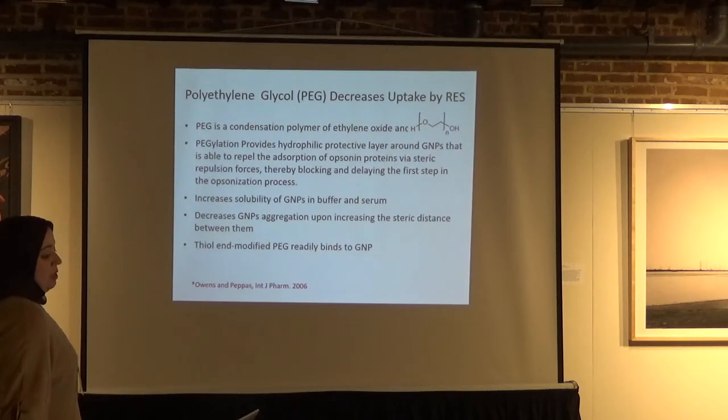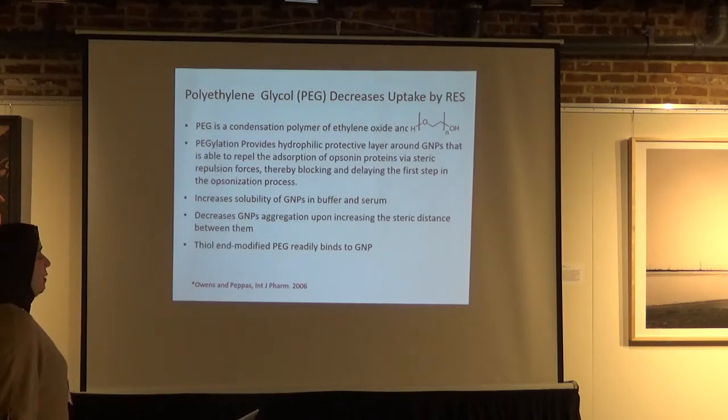So in order to decrease the amount of opsonin protein, we add polyethylene glycol to the particle, which is called PEGylation of particles. And polyethylene glycol provides a hydrophilic protective layer around the gold nanoparticles, which decreases absorption of opsonin protein, which is the first step in opsonization.